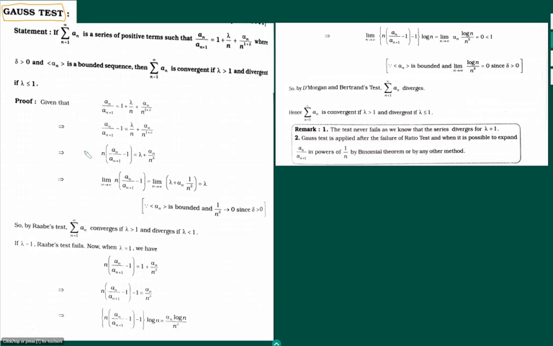Gauss test. Gauss test says that if an is a series of positive terms such that an over an plus 1 is equal to 1 plus lambda over n plus alpha n over n raised to power 1 plus delta, where delta is positive.